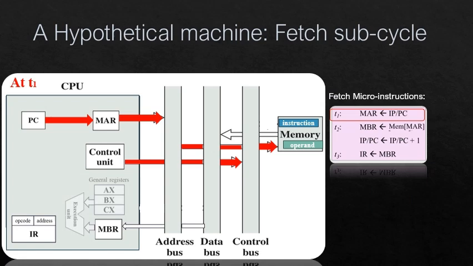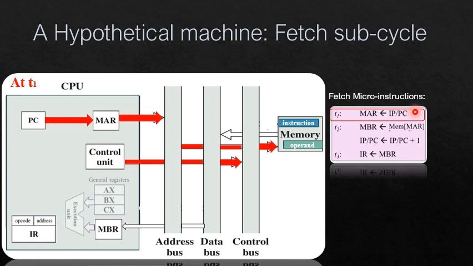Now let's look back at the structure of the hypothetical machine, and let's see what happened in the processor for each micro operation. You also need to take note of the purpose of each micro operation related to the fetch. First, the first micro operation that happens under the fetch subcycle.